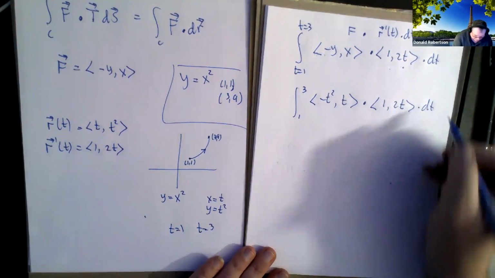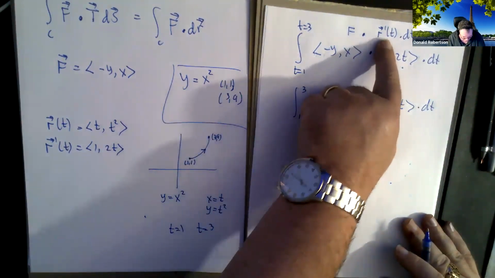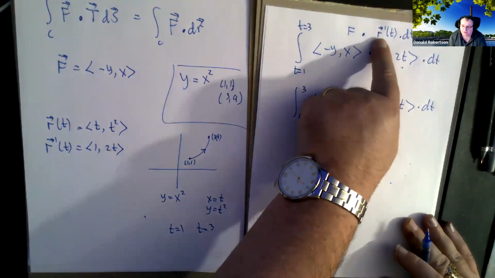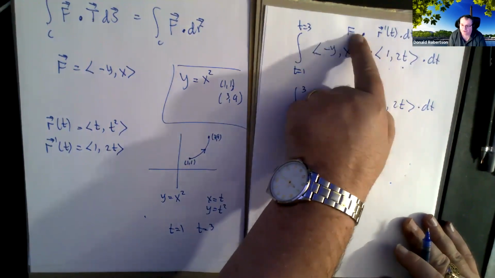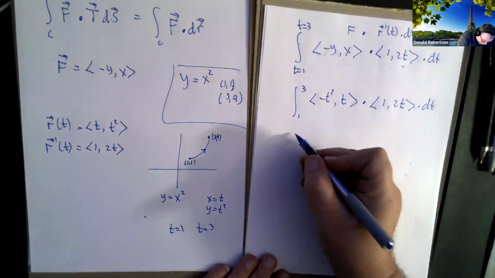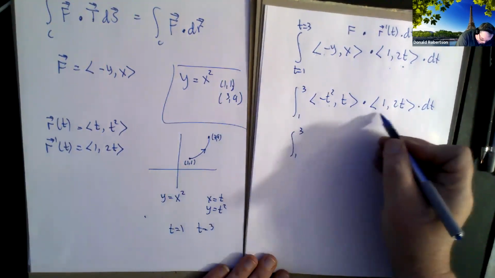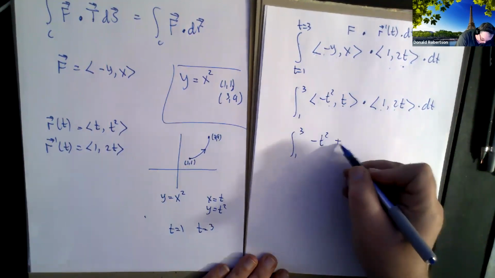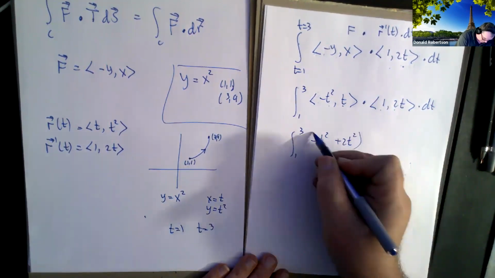That's similar looking, but if you notice, it's not the magnitude of dt, it's the vector r dash t with a dot product with F. So that times that gets me negative t squared. That times that gets me 2t squared.